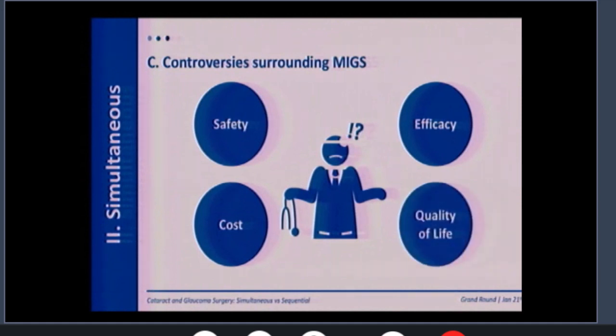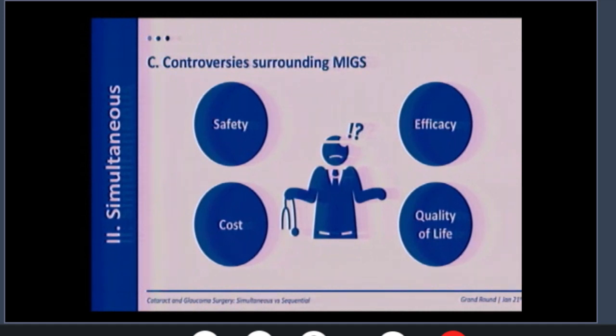The last thing is quality of life, and that's the thing that we're constantly talking about in glaucoma, that getting the patient free from medications will enhance their quality of life, and this is one of the things that people usually talk about when they're considering MIGS. What I found interesting in our patients is that not all, but a small portion of our patients are actually more comfortable using their drops, especially old ladies that do not move around.